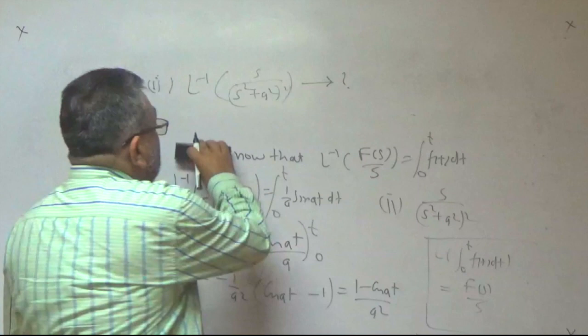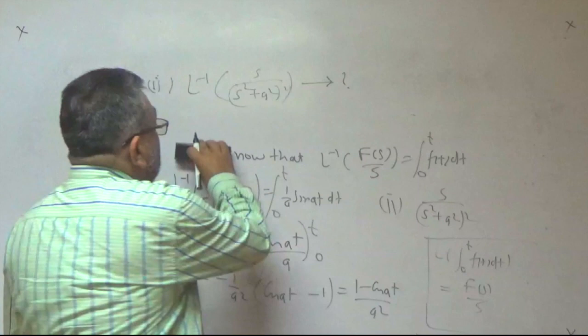If the inverse Laplace transform of F(s) is f(t) and the inverse Laplace transform of G(s) is g(t), then by this theorem the inverse Laplace transform of F(s) into G(s), the product of these two functions, is equal to the integral from 0 to t of f(u) g(t minus u) du, or it can also be represented as f convolved with g.